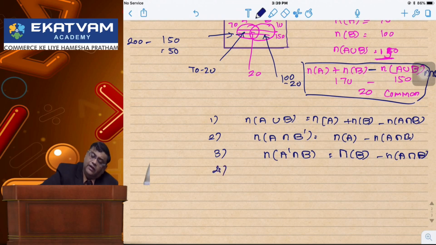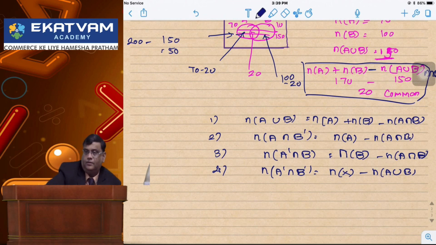And how would I get no A no B? A dash intersection B dash. How did we get it? It was n of X minus n of A union B. That is how you get no A no B. If from the entire rectangle you cut off the circular portion, you will get no A no B.